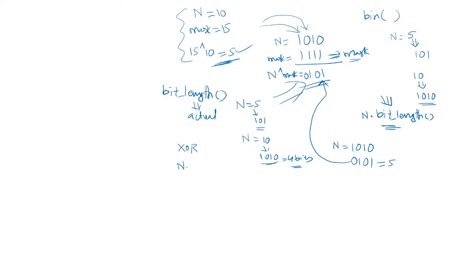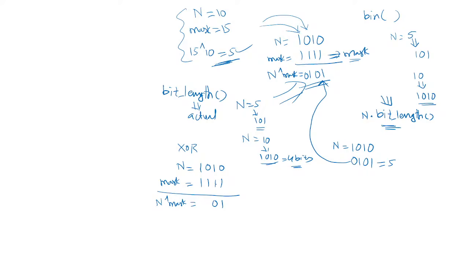If your n in binary is 1010, and you generate a mask of 4-bit length containing all ones, then you perform XOR between n and your mask. What result do you get? Just see here: 0 XOR 1, different, so it is 1.